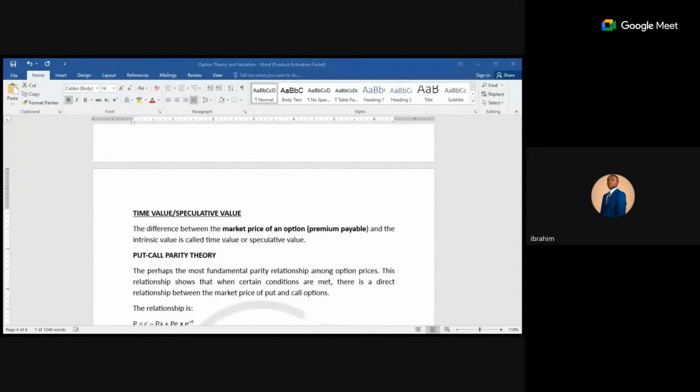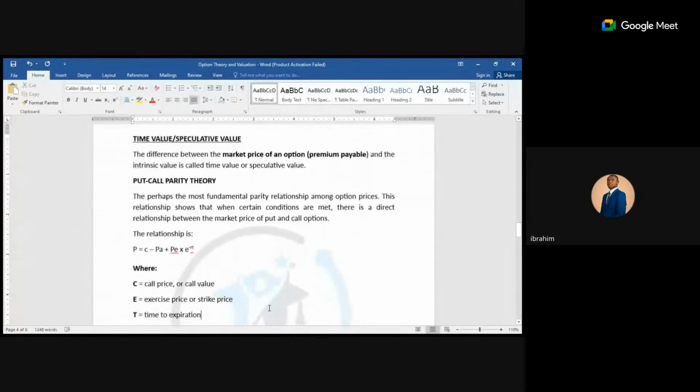We have the put-call parity theory. The question is, what does this theory state? The theory measures or shows the relationship between the market price of put and call options.